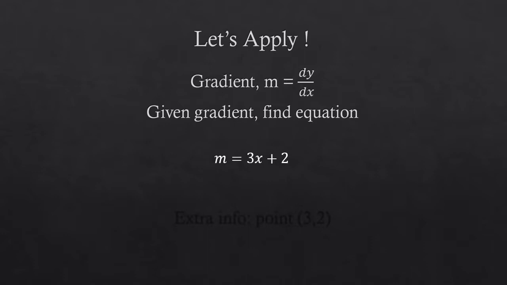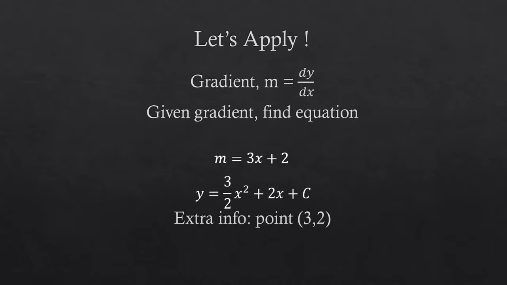Given that m is equal to 3x plus 2, to find y, we integrate this gradient and we get this equation. This is not yet complete, we still have the c. In order to solve the constant c, extra information is needed, which is a point. Normally the question will ask to find the equation of the line or curve that passes through a point.